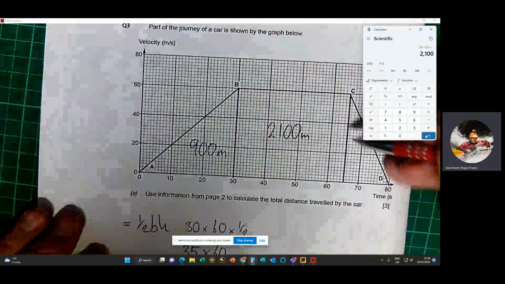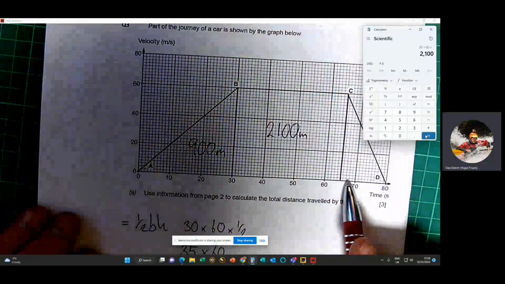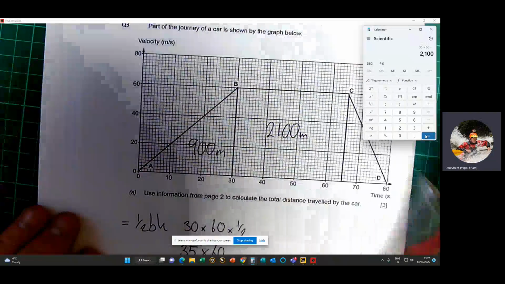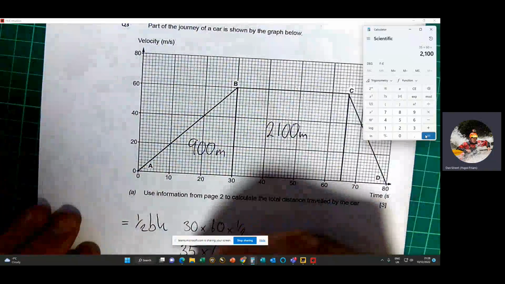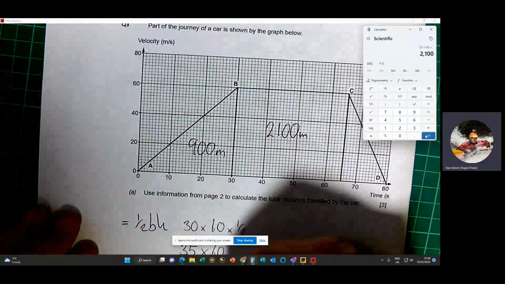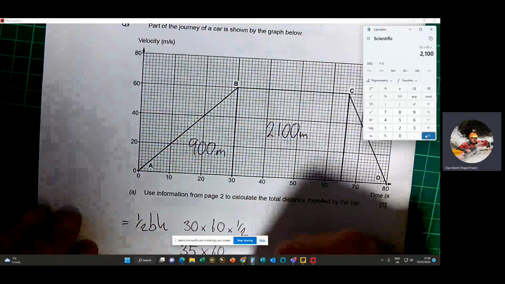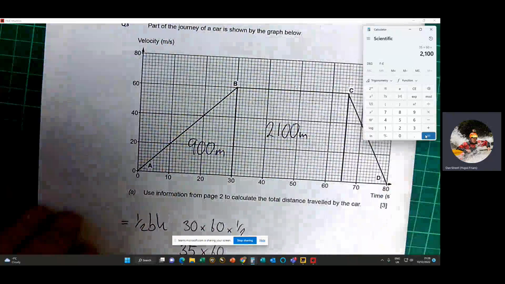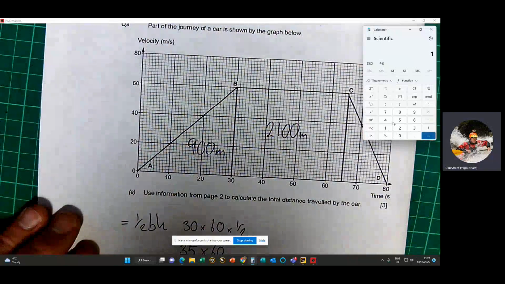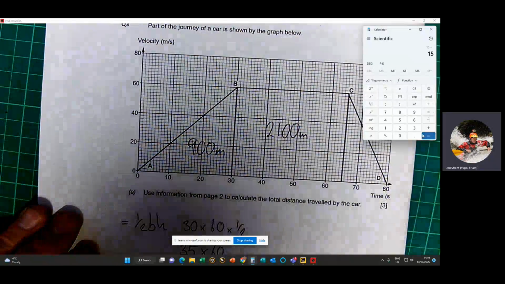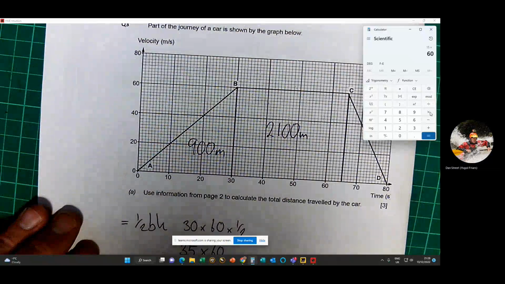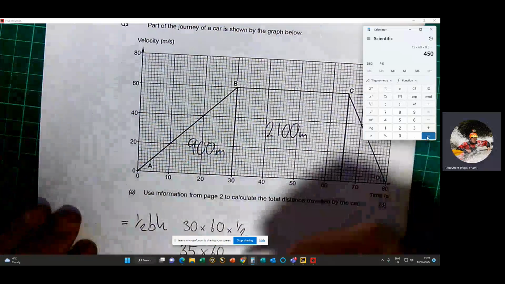And then the final part, the triangle here, we've got a base of 15 and a height of 60 again. So that's 15 times 60 times a half, because it's a triangle, half base times height. So that's 15 times 60 times 0.5, which is 450.